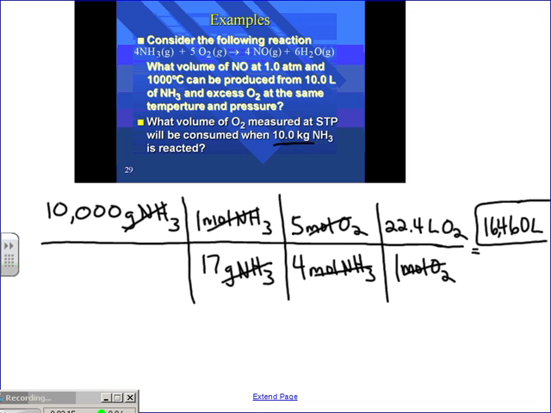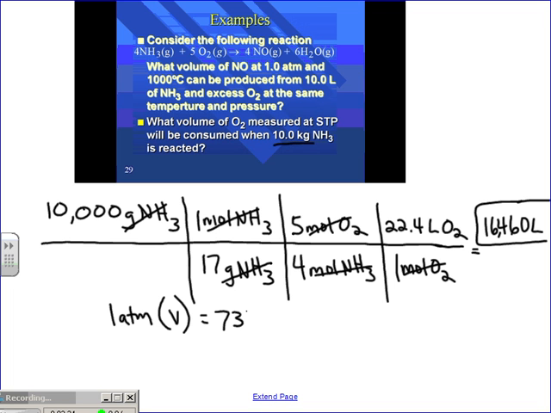And if you did the same thing with the ideal gas law, so you did 1 atm times our volume, because we would be solving for volume, equals, now at this point you had to do up to this point and solve for the number of moles of O2 if you want to plug it into the ideal gas law.